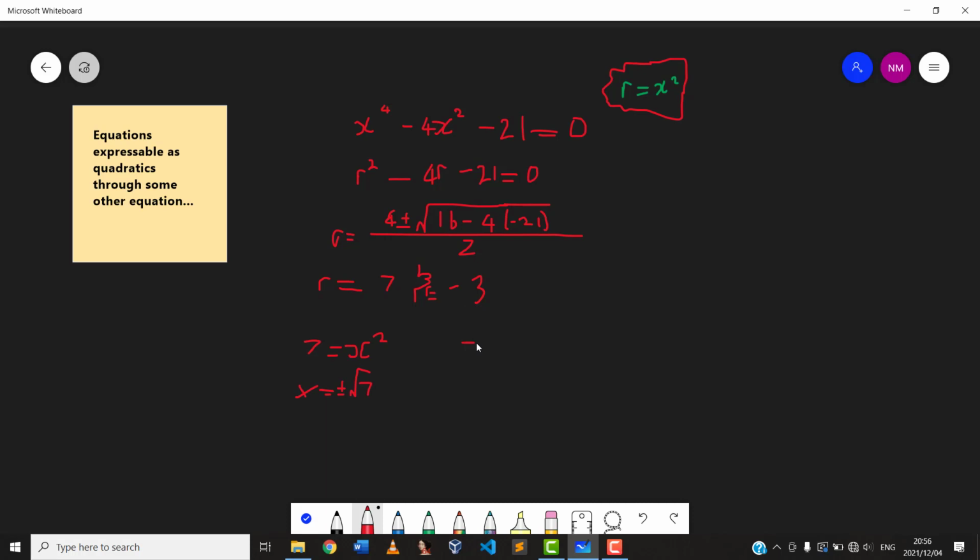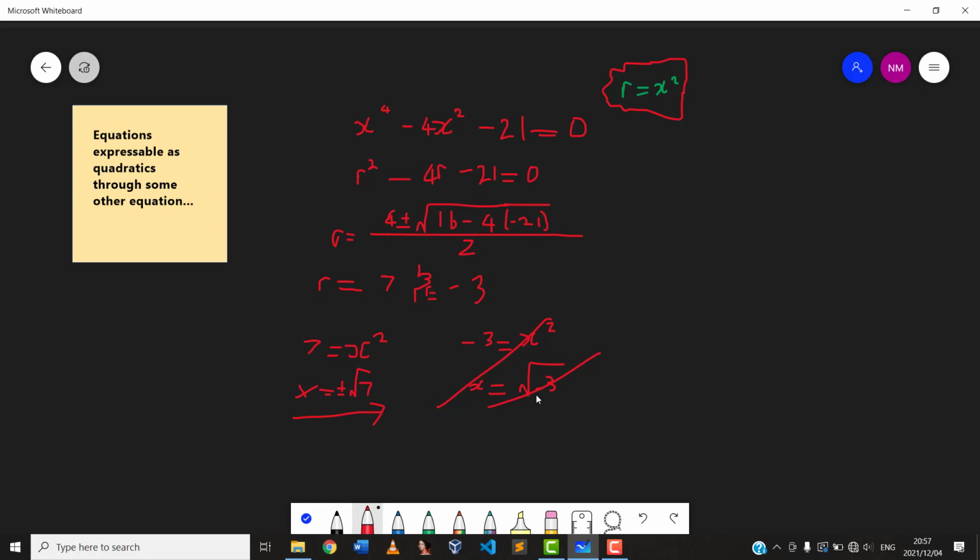So we say minus 3 equals x squared, and we square root both sides. So x equals square root of minus 3, and that's undefined. So we can just scratch that one out, and this is our final answer.